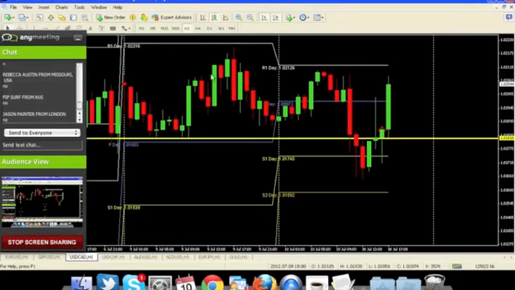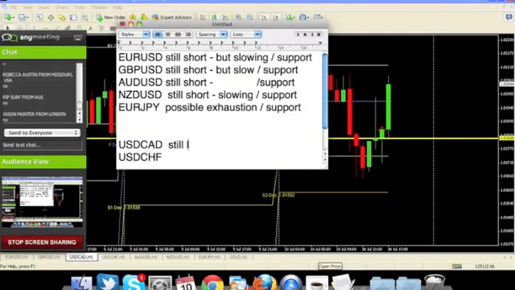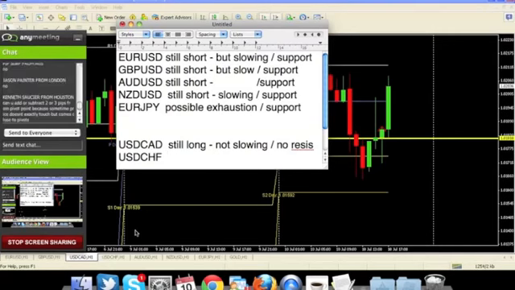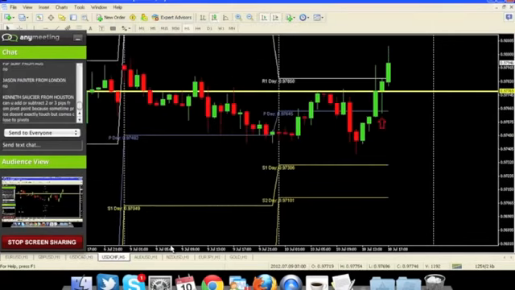No pivot line yesterday. No pivot line day before yesterday. Long. Still long. Not slowing. No resistance. Okay? US dollar CAD is telling us that it still got steam. It still wants to keep going. It's not tired. Going up.